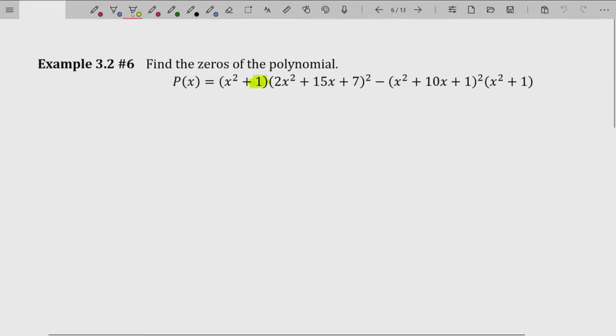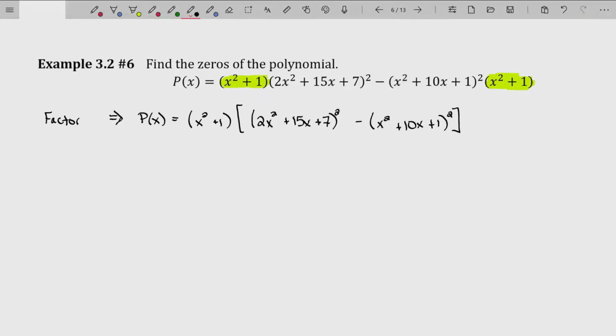So I'm looking for patterns, and I see that both terms have this in common. So I'll at least factor that out. And you arrive at this guy right here. And you should note, if you haven't watched my video on advanced factoring techniques for calculus, this is a really powerful technique here where you should notice, again, patterns.